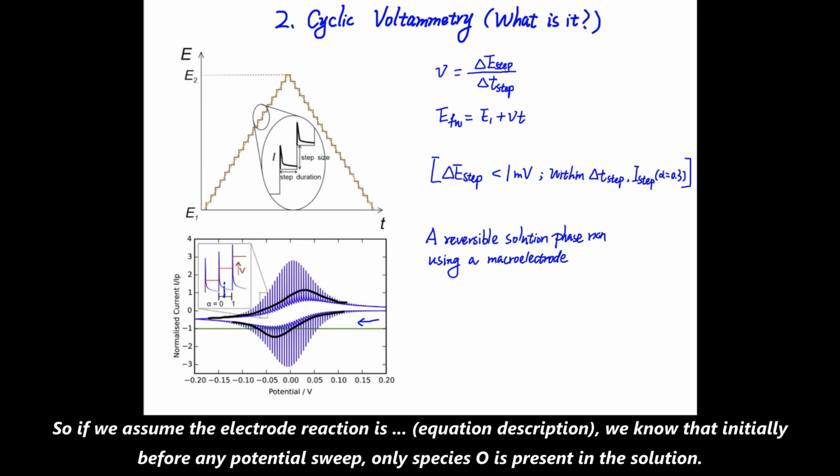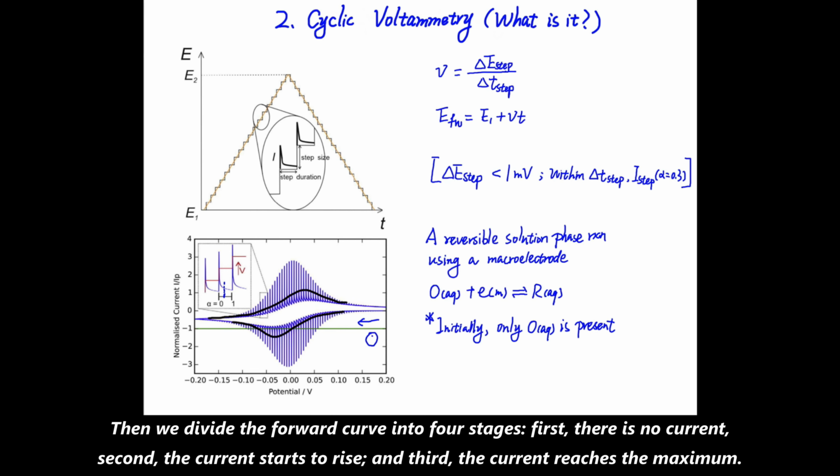If we assume the electrode reaction is O plus e in equilibrium with R, we know that initially, before any potential sweep, only species O is present in the solution. Then we divide the forward curve into 4 stages.